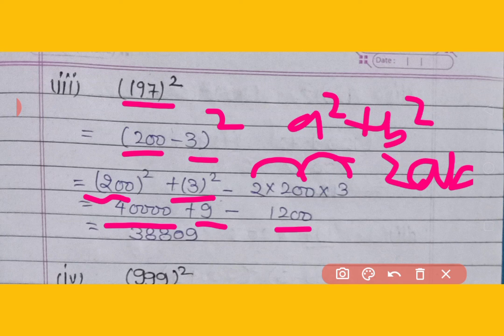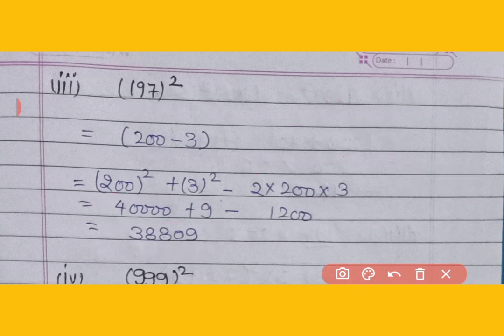So 40,000 and 9 will add, and then 1200 will subtract. After the addition and subtraction, we have got 38,809. This is the square of 197.